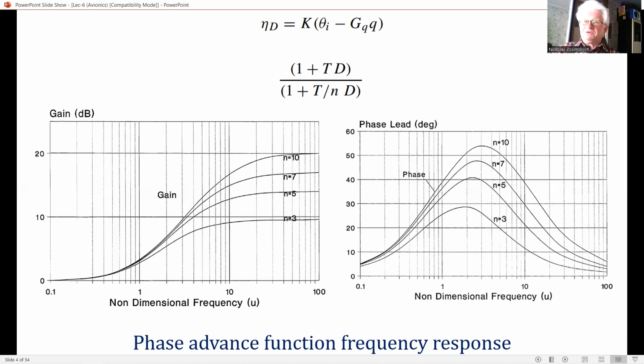Proportional plus derivative of error control provides a phase advance characteristic to compensate for the lags in the system, for instance actuator response, and hence improve the loop stability.